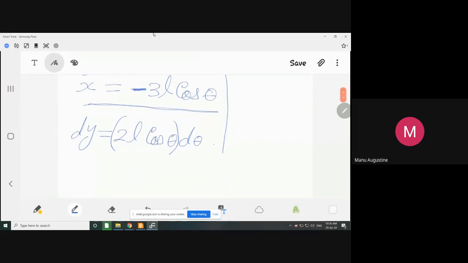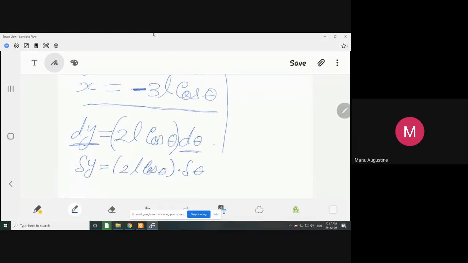In many textbooks, instead of taking the traditional dy and d theta, they simply use del y equal to 2l cos theta del theta. So if you see something like this, you should not be unfazed.